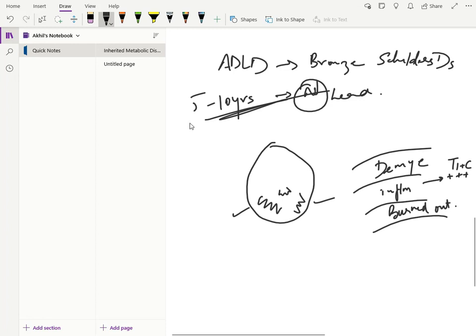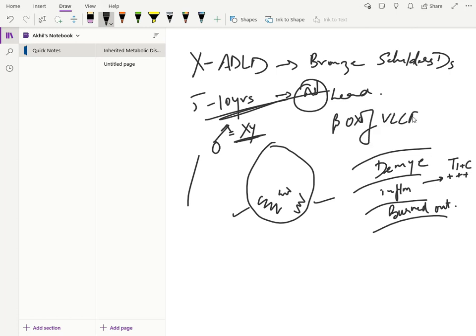Now, an interesting thing is that it is X-linked. It is also known as X-linked adrenoleukodystrophy. So because it's X-linked, it mainly occurs in boys because they have an XY chromosome, and there is a deficiency of the peroxisomal enzyme, and there is impaired beta oxidation of very long chain fatty acids.